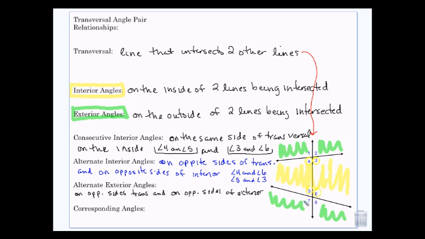So angle 2 and angle 7 are alternate exterior, and angle 1 and angle 8. And then corresponding angles are the last kind, and these are in the same position.